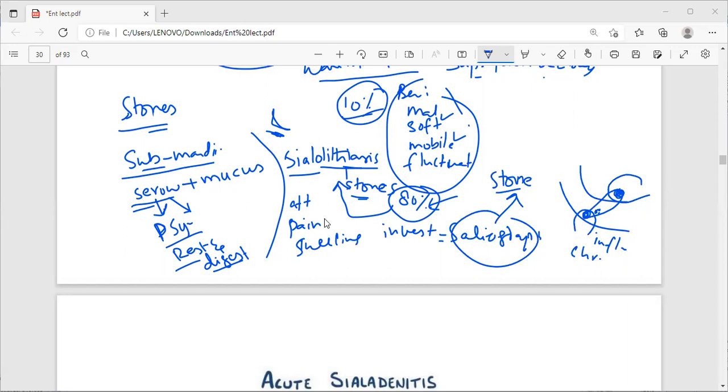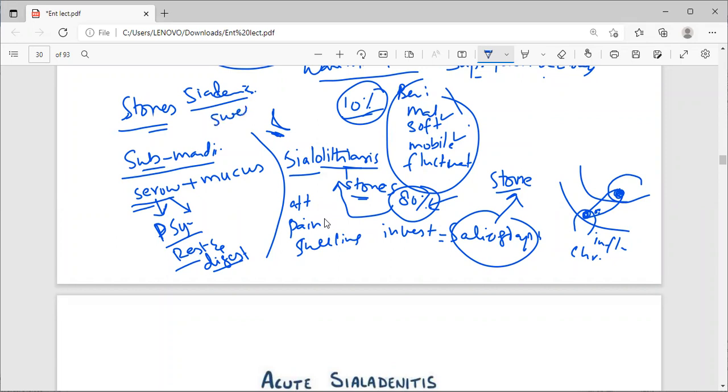Now the next one is sialadenitis. Now I'm talking about sialadenitis. Sialadenitis is an inflammation of the salivary gland. It is a simple inflammation, and this can be acute or chronic. The patient suffering from sialadenitis usually experiences swelling.